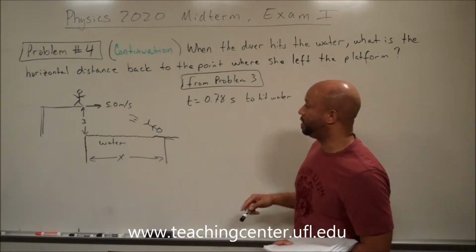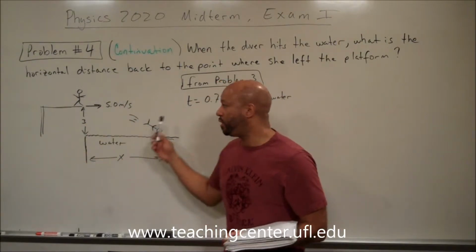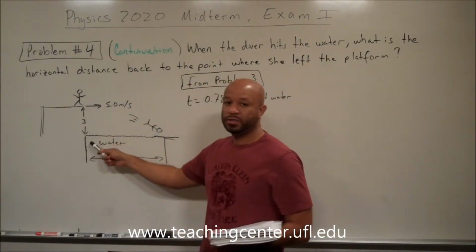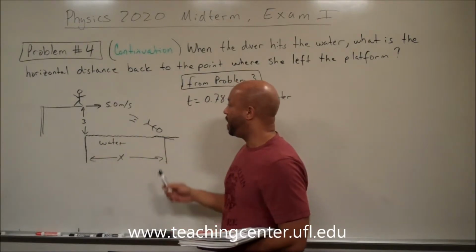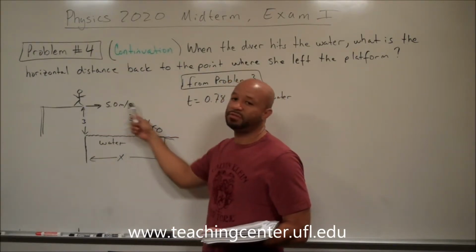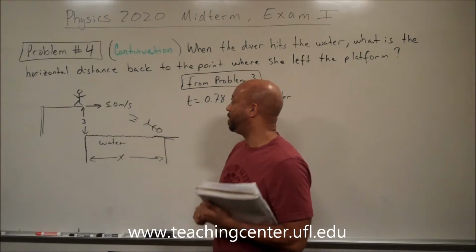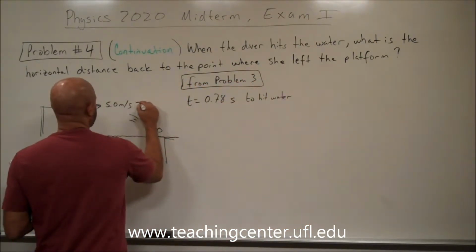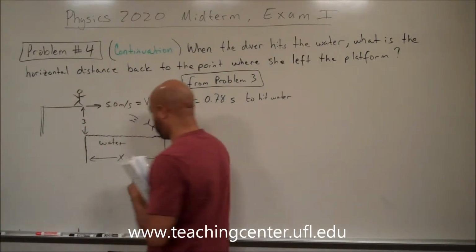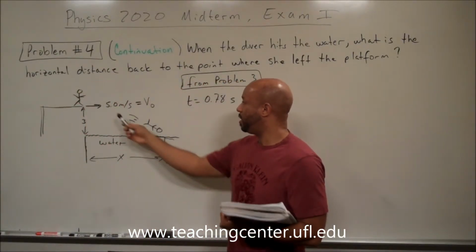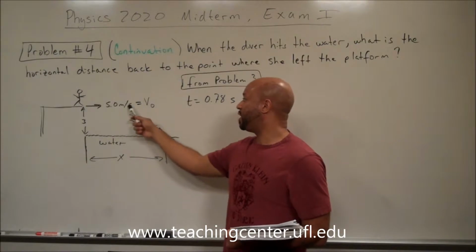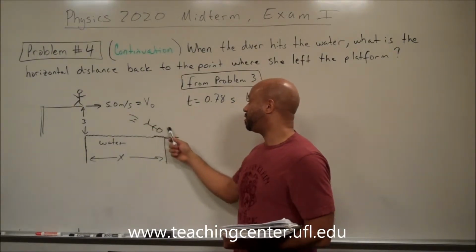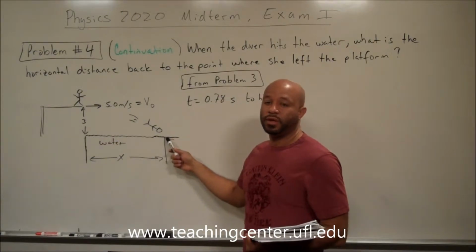Basically from problem 3 we know that we have a diver standing on a platform that is 3 meters from the water, and that this diver dives out with an initial velocity of 5.0 meters per second. Once she dives out, she's going to hit the water at some point.